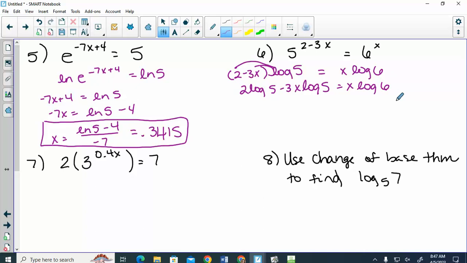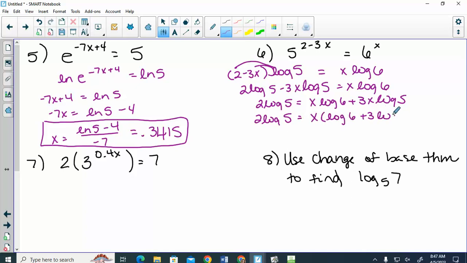What should you do now? Combine all the x's on the same side. Both of these have an x in them, so we would combine them, and then to get x by itself, you divide.